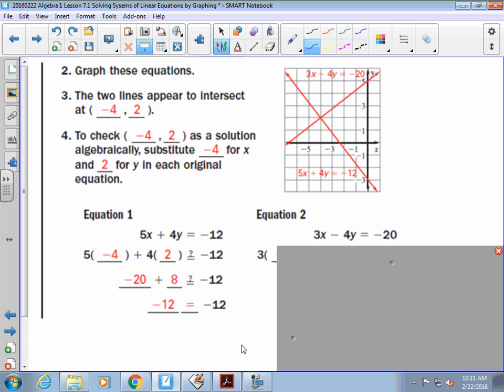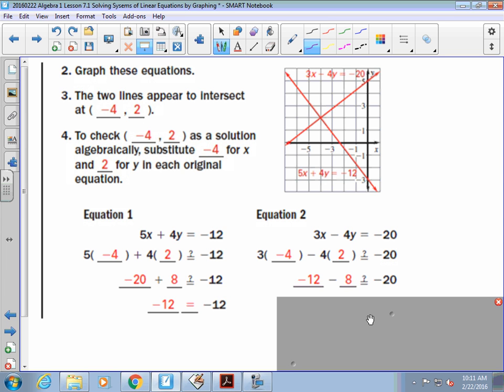The second equation, again, we'll plug in -4 for x and 2 for y. So 3 times -4 is -12, and -4 times 2 is -8. And when you're doing this, you'll notice quickly that you're working with a lot of the same numbers. That's not a coincidence. -12 minus 8 is -20.